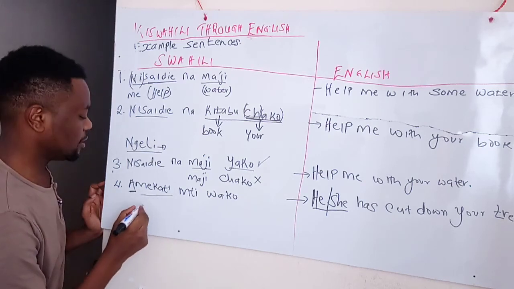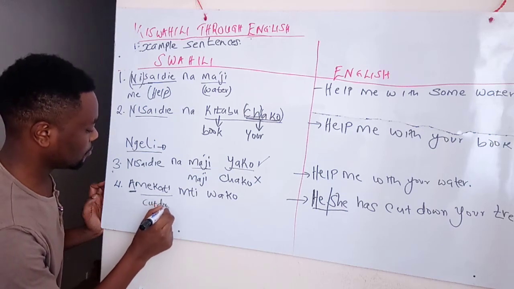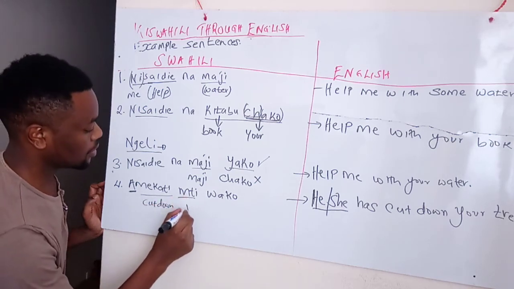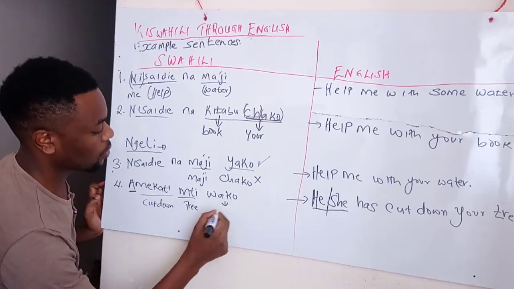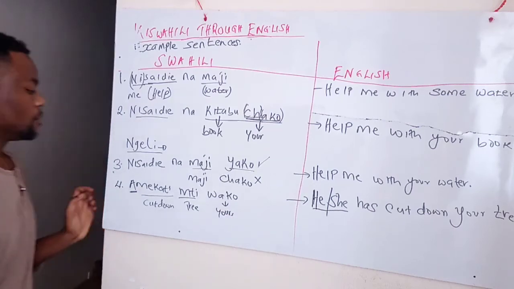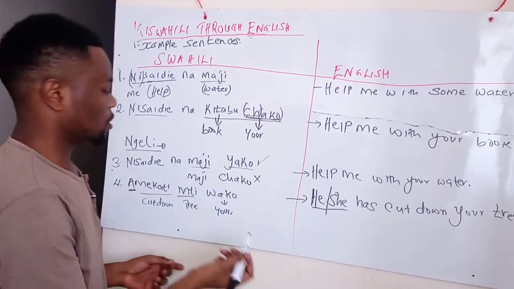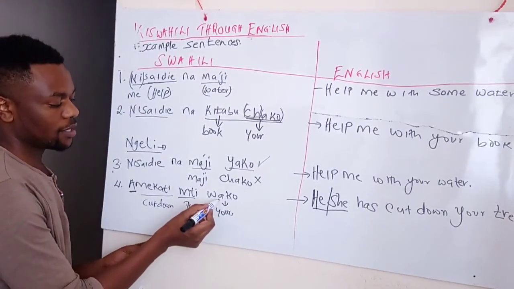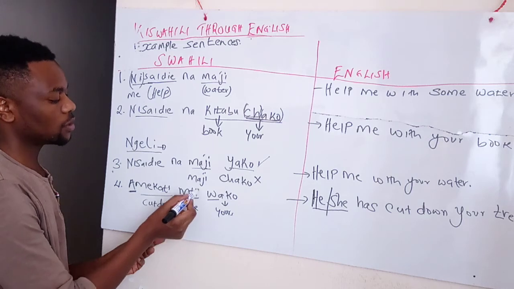This is the cut down. Mti, this is tree, and wako is yours. So amekata mti wako. The reason why I've used this example is that sometimes we vary this depending on what object we are talking about.